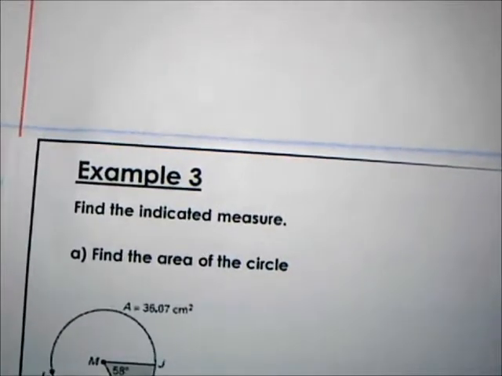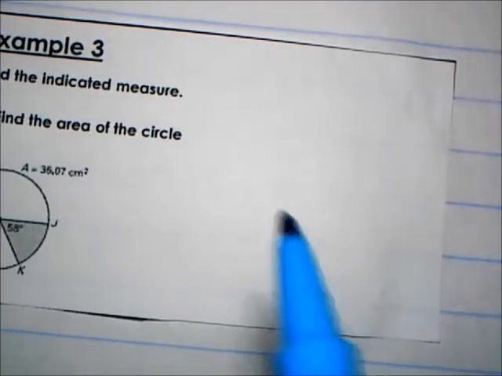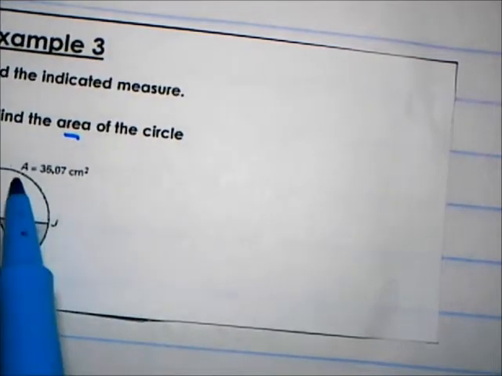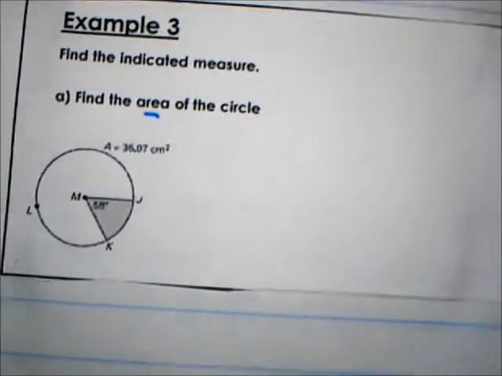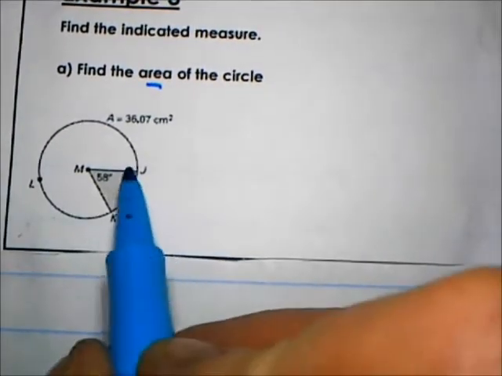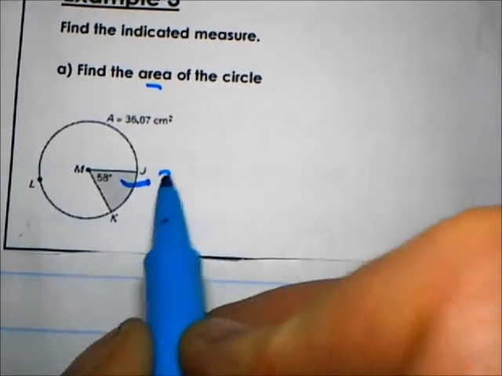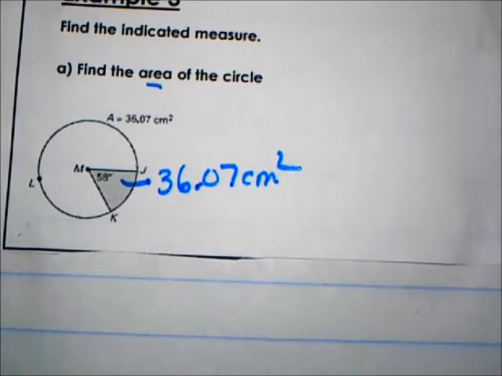Okay, example number 3 now has us use our proportion for what's given to us. It says find the area of the circle. That's my goal. And the area that they give me always pertains to the shaded section of your circle. So since this little wedge is shaded, this area right here is 36.07 centimeters squared.